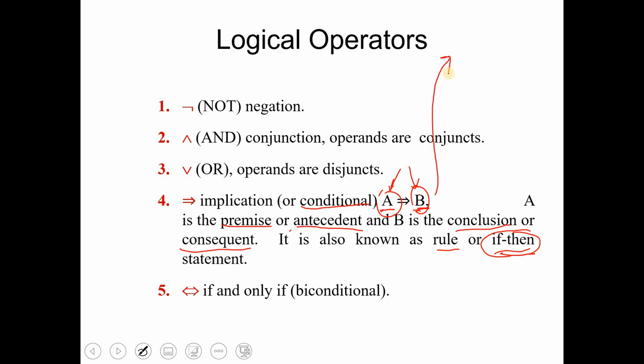In the case of implication, you check the output only when the input is true. So if A is true, and if A is false, you don't care about B. When A is true, then you check that B is true also. When A is true and B is false, that is a wrong sentence according to this one. For this sentence, this model is not correct.